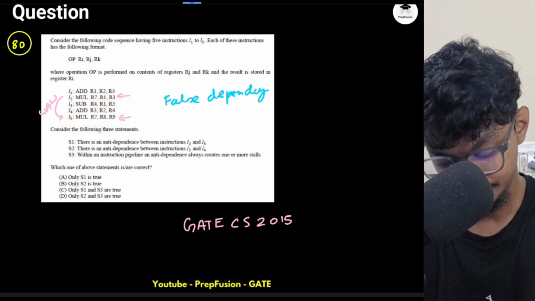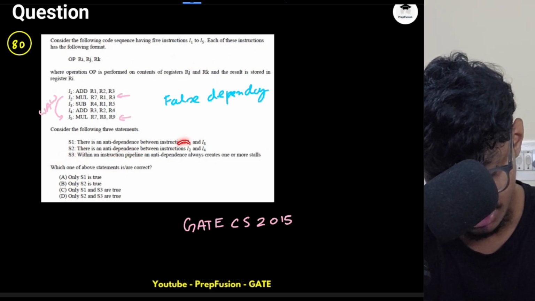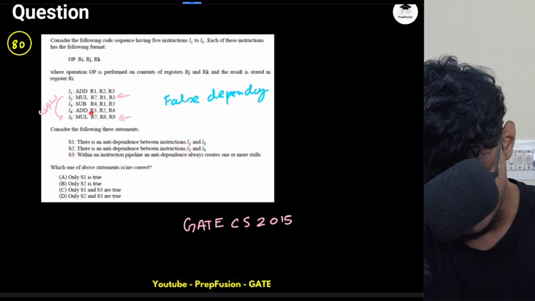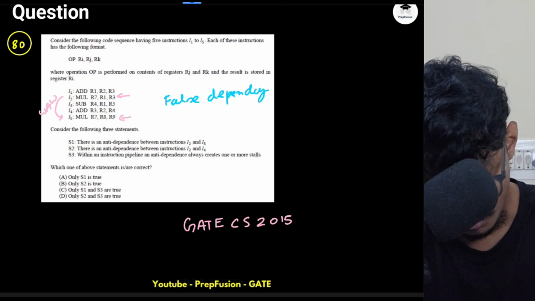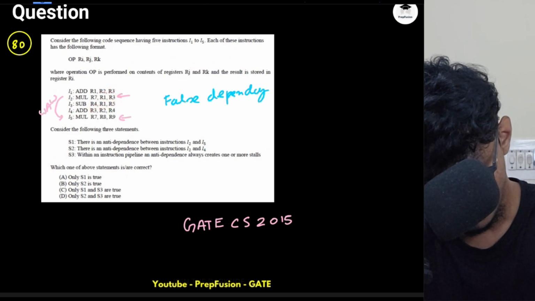So it doesn't matter. The second statement says that there is an anti-dependence between instruction I2 and I4. If I observe I2 and I4, I2 has R1 and R3 registers, and it has R3 here in I4. So what is actually happening?